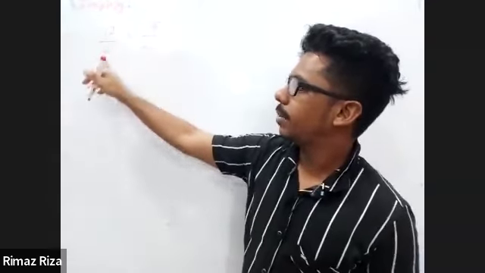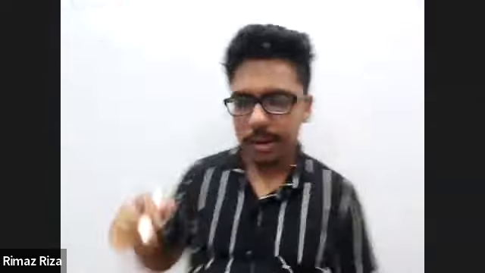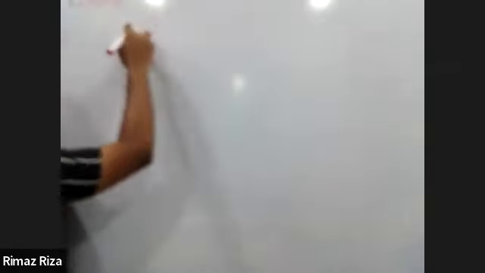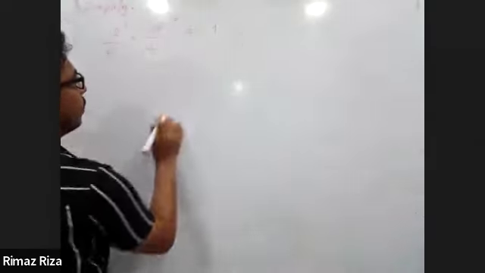Now here 15 can be divided by 5. Yeah, so you can simplify that first. 5 into 1, 5 into 3. Or you can simply think 15 divided by 5 is 3. 12 divided by 4 is 3. So 3 into 3 now multiply is 9.